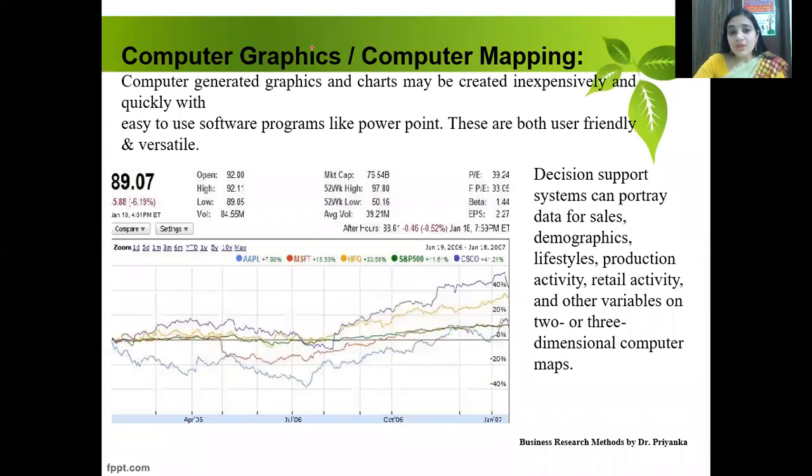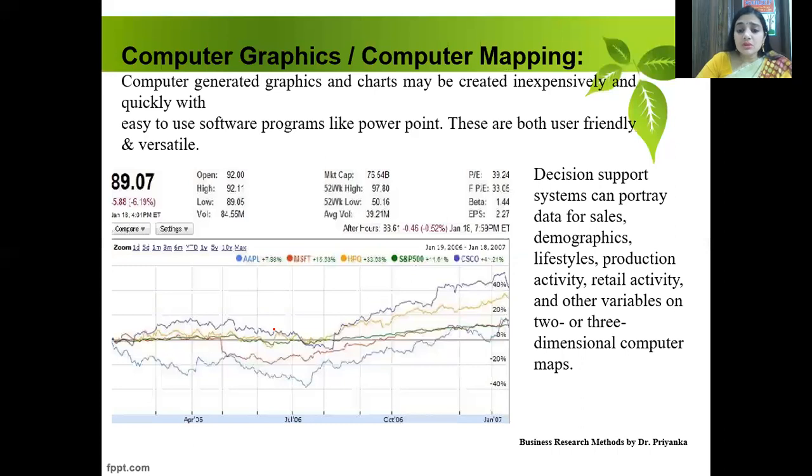Computer graphics and computer mapping can be done this way. Computer-generated graphics and charts may be created inexpensively and quickly with easy-to-use software programs like PowerPoint as well. These are both user friendly and versatile. This way you can create anything, like all the computer mapping programs and computer graphics.